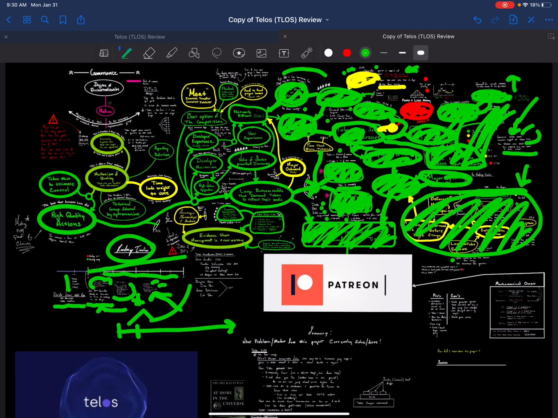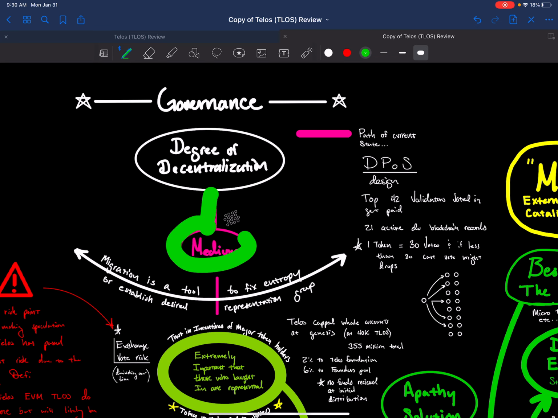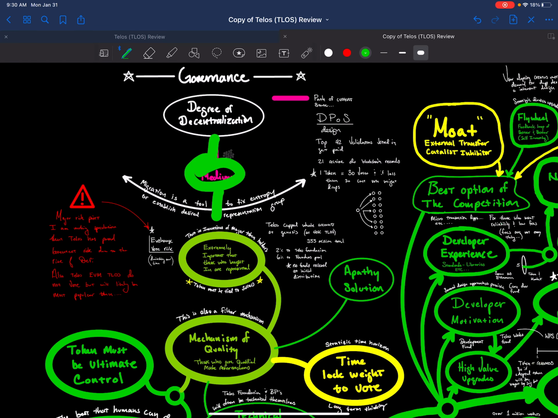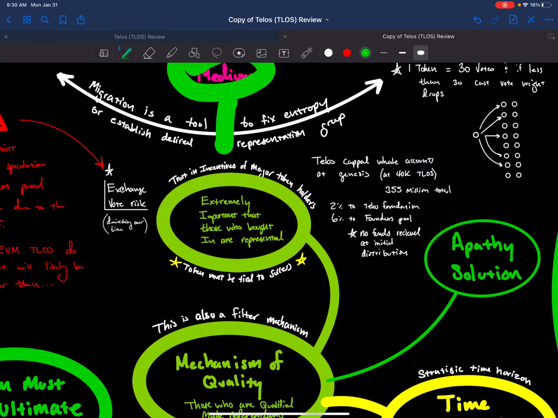All right, so let's get into the governance. For the degree of decentralization, I put medium, because it is DPoS. One of the things that is extremely important in DPoS is that those who bought in are represented.